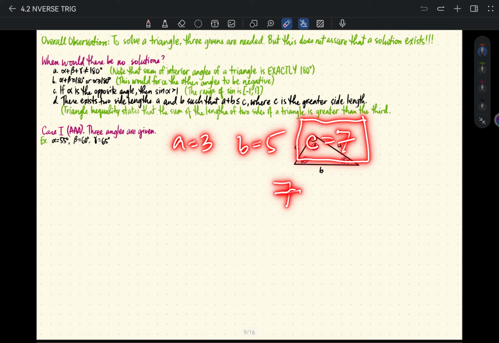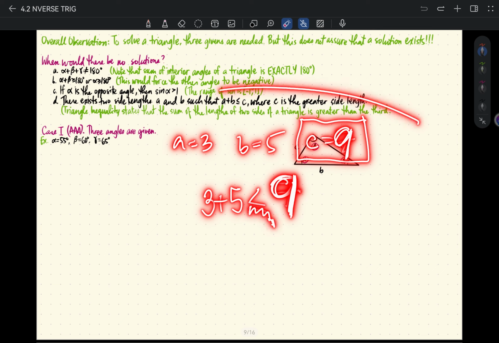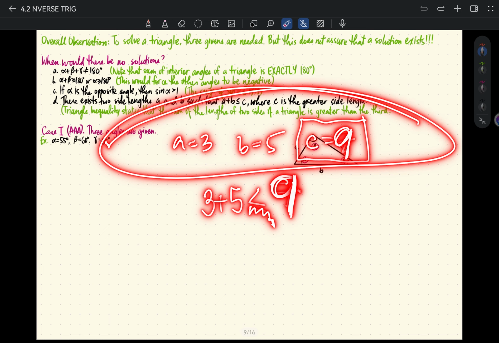However, let's make it 9 rather. You see that 9 is the greater side length. However, A plus B is less than 9. So that means you cannot really form a triangle whose side lengths are 3, 5, and 9.